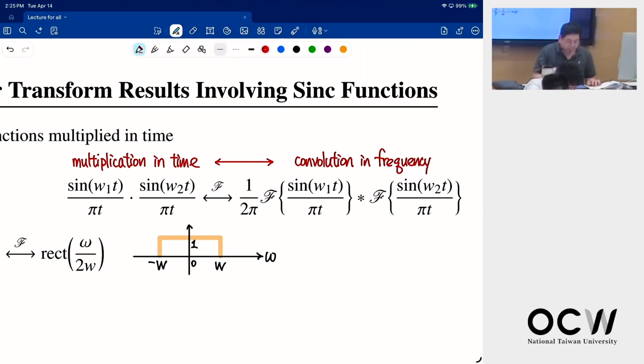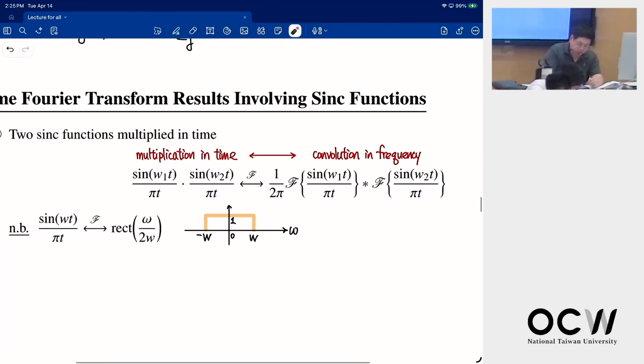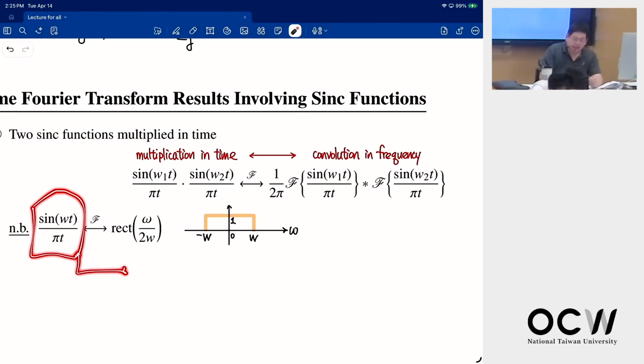Okay, so let's see. First, you need to know for the sinc function, in the Fourier domain, there will be a rectangular pulse like this.